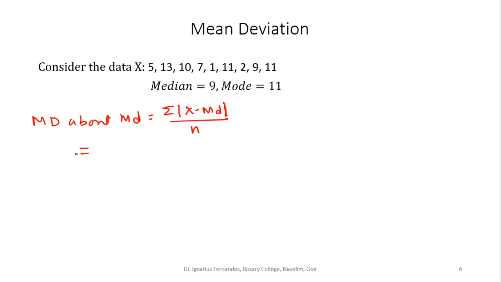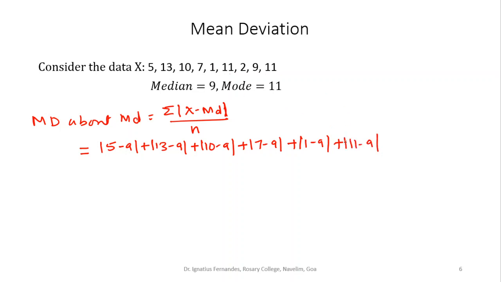So this will be equal to the absolute value of 5 minus median, which is 9, plus the next value 13, so 13 minus 9, plus the next value 10, 10 minus 9, plus 7 minus 9, plus 1 minus 9, plus 11 minus 9, plus 2 minus 9, plus 9 minus 9, plus the last value 11, so 11 minus 9.